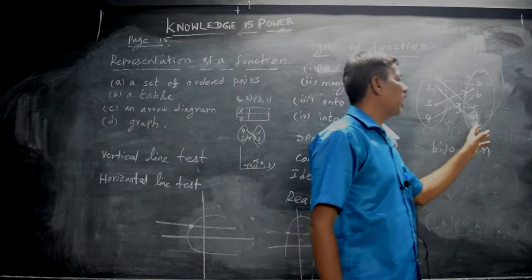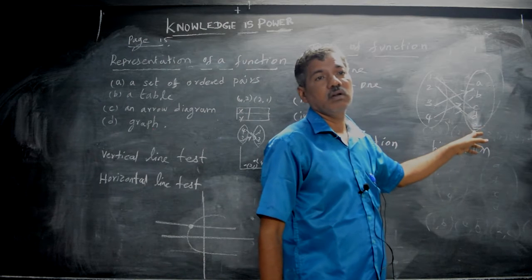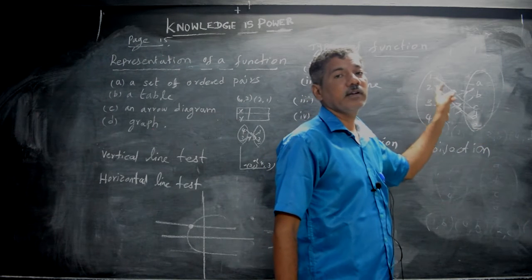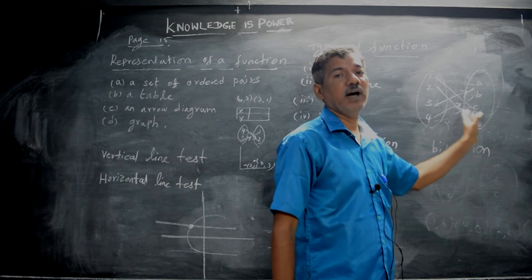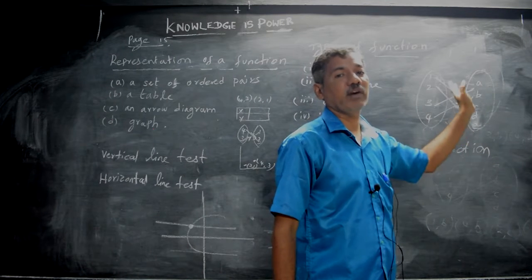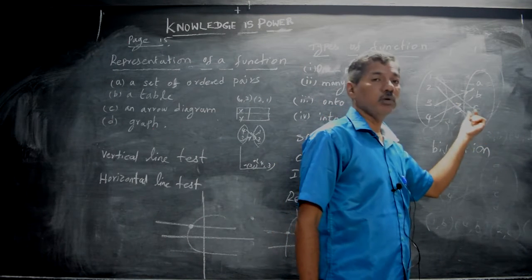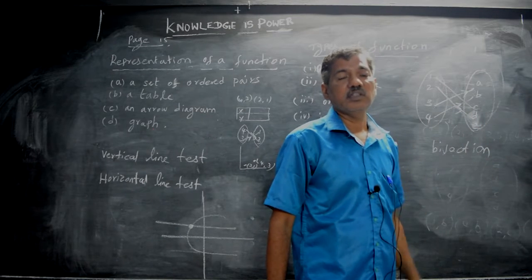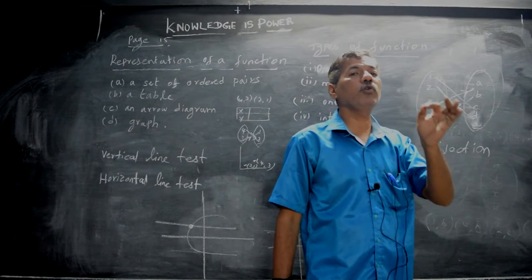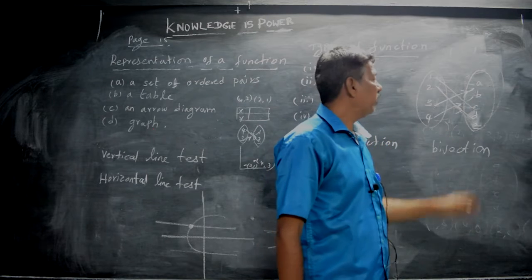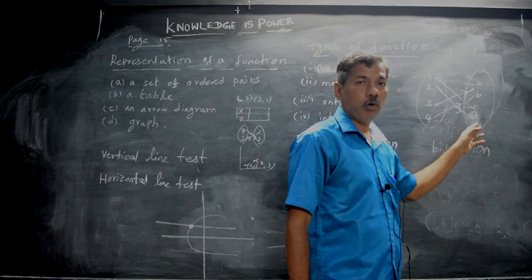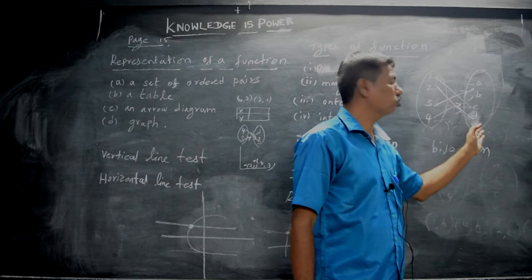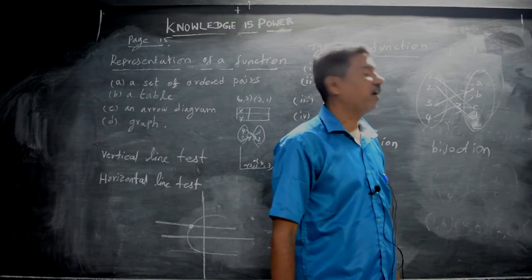There is no arrow mark from any of the elements from here. Not only one, we can have more than one also. Then it is called an into function. If any element in the codomain has no pre-image, then it is called an into function.